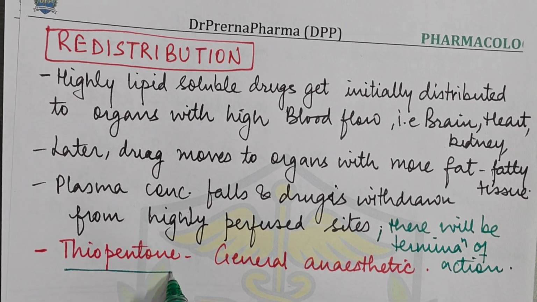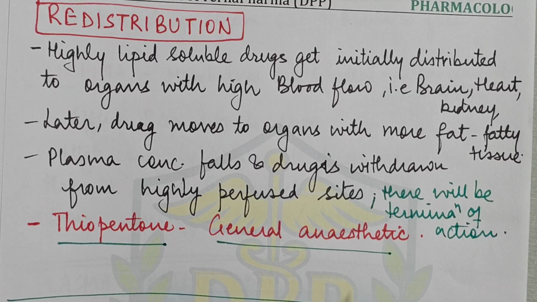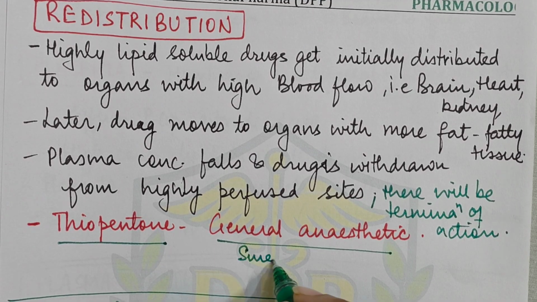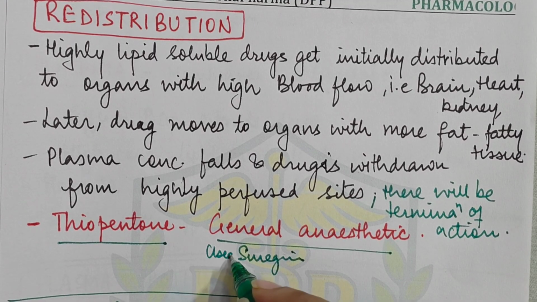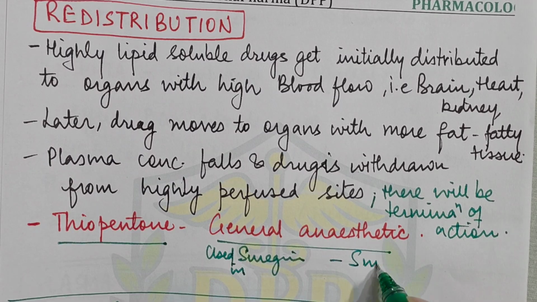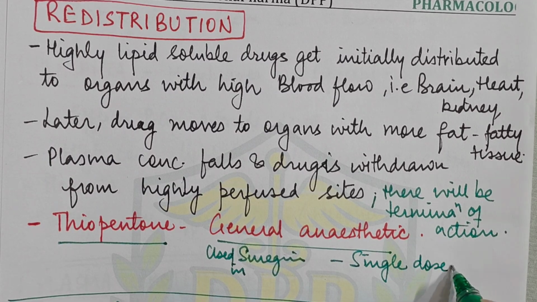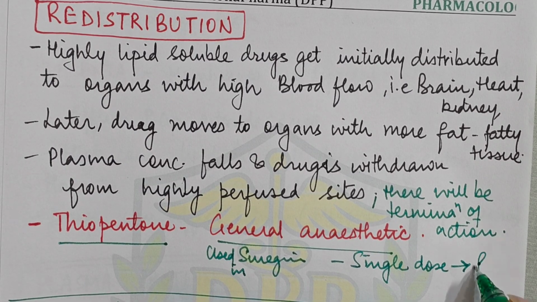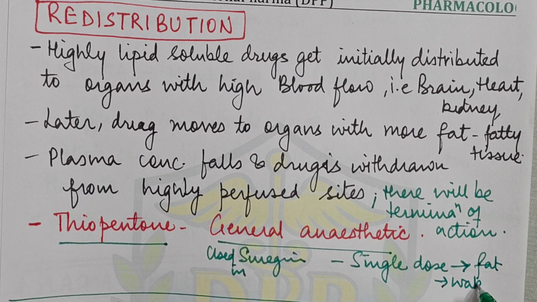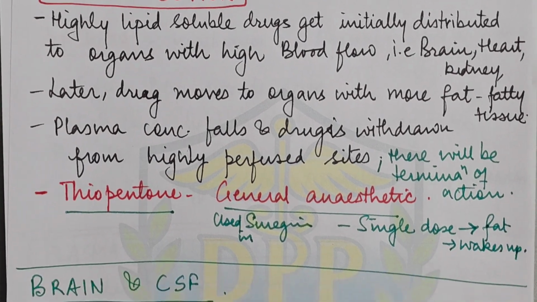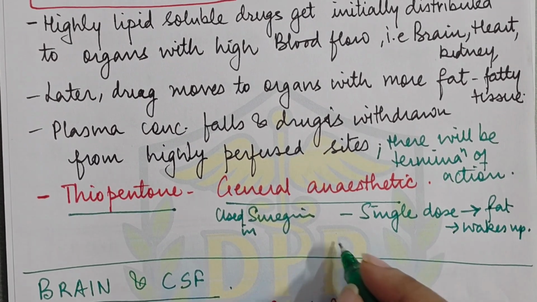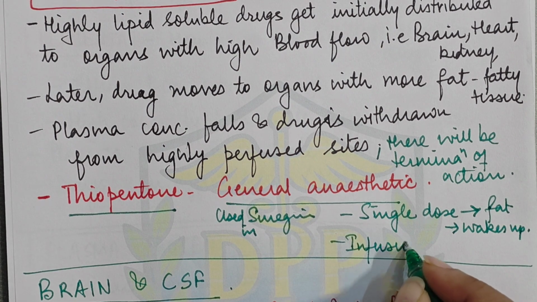So here we have an example. Thiopentone is a general anesthetic, used in surgeries to produce anesthesia. Now if it is given in a single dose, then after some time the drug goes to the fat and the patient wakes up. You can't afford waking up a patient in surgery. So what do we do? We give an infusion of thiopentone.